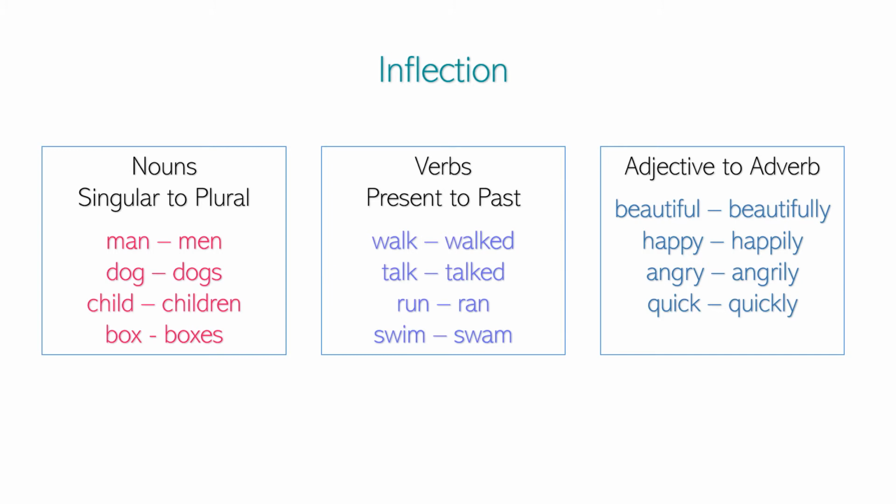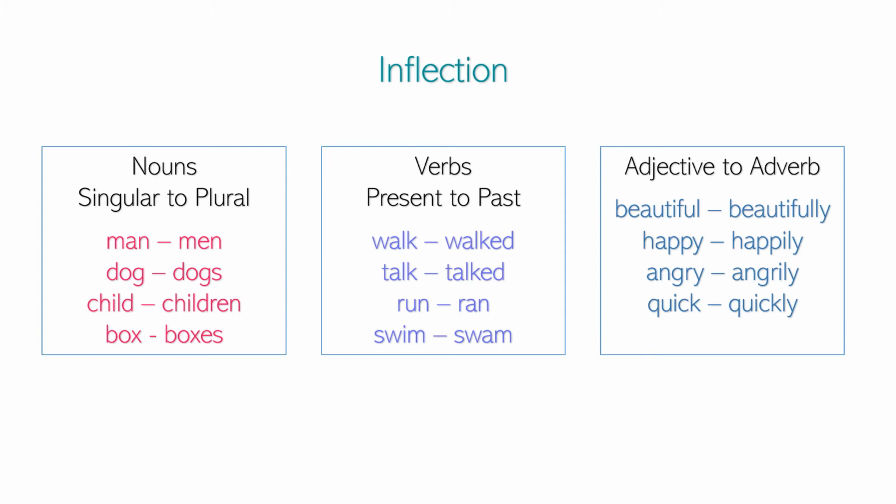Now when it comes to nouns, we convert nouns from singular to plural. So that is known as the inflection of nouns, converting from singular to plural. So as you can see, man becomes men, dog becomes dogs, child becomes children, box becomes boxes. Okay, and when it comes to verbs, you have the present form, and then that gets converted to the past form.